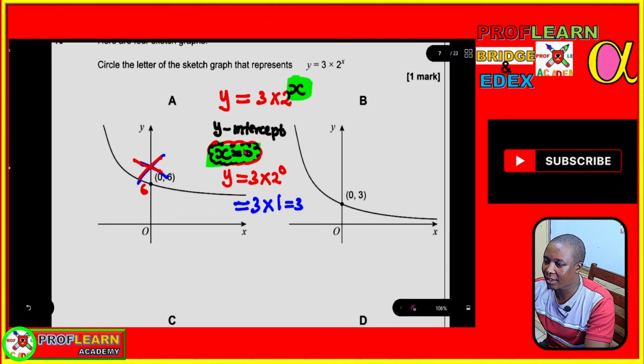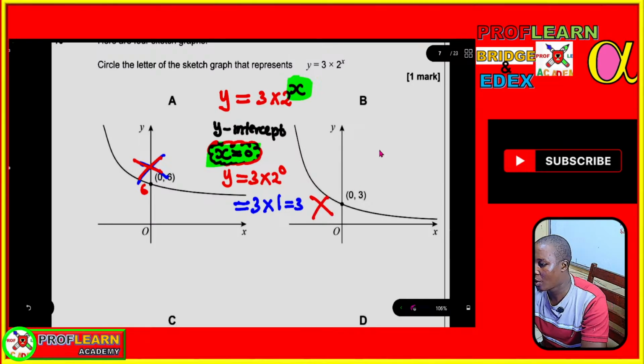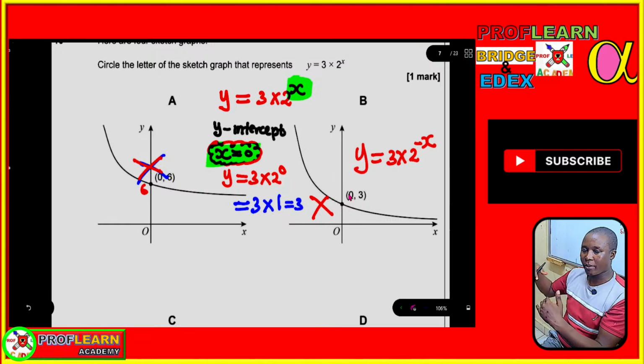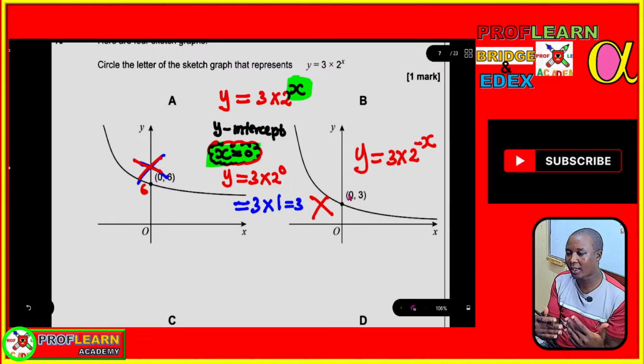If it's a positive exponent, the graph will be increasing to the right. So this one will not work because this represents the equation y is equals to what? 3 times 2 raised to negative x.